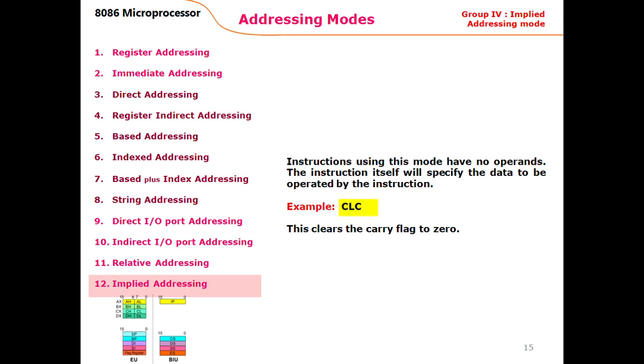The programmer just has to write the name of the instruction, and the address of the operand, which in this case is the carry flag, is implicitly provided. So it clears the carry flag to 0, and the operand is not provided but is implicitly there. So this is implied addressing, and there is no operand involved in this instruction.